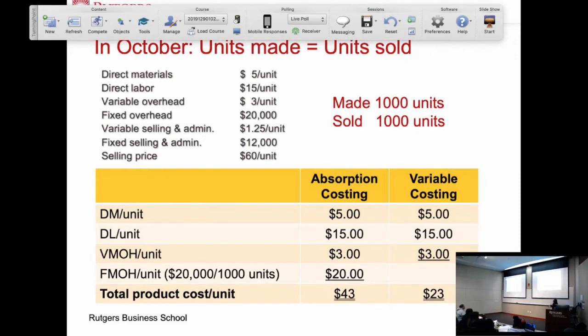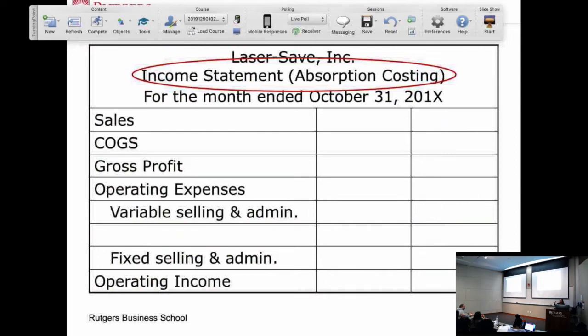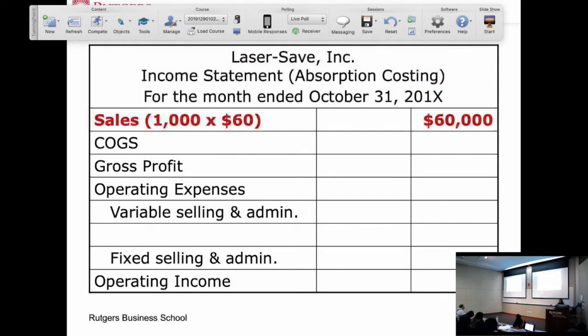So if we use the absorption costing method, we just need to follow the traditional income statement to calculate the operating income. Right? So we have the sales revenue, cost of goods sold, right? Because the cost of goods sold is just the cost of the products that you sold.